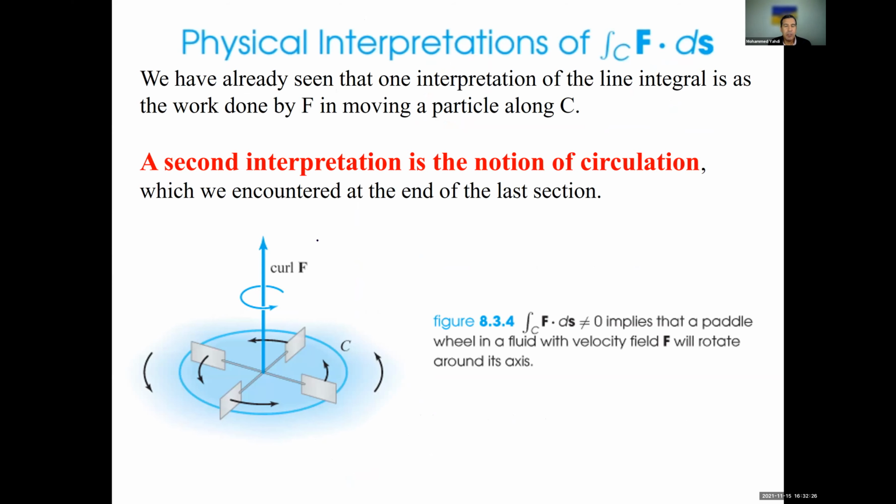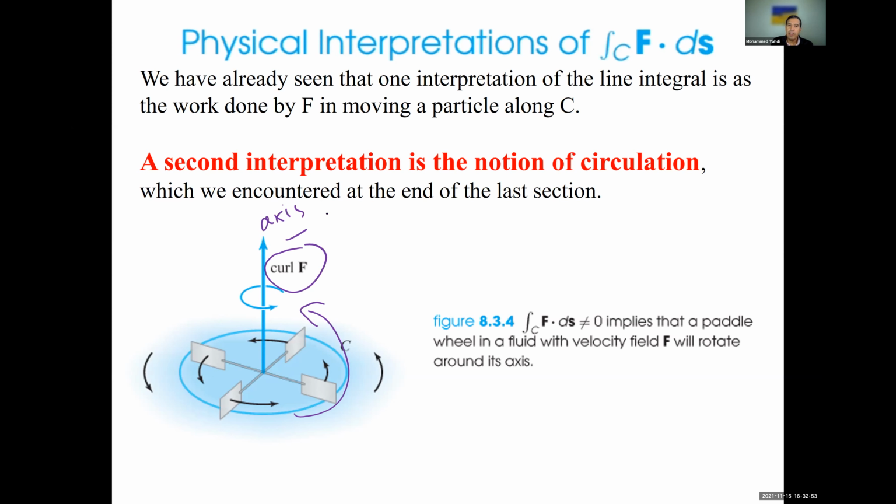One thing I spoke about in a previous section just today is about application: the curl gives us the circulation around here, and the axis. A second interpretation is the motion of a circular circulation.